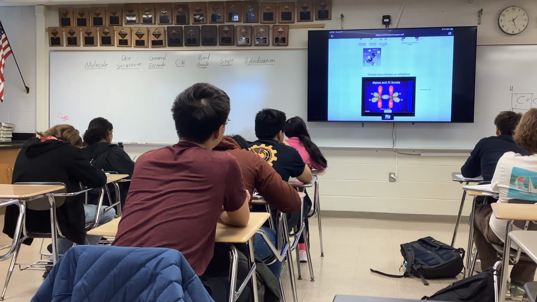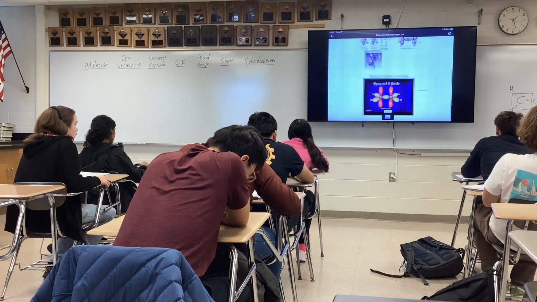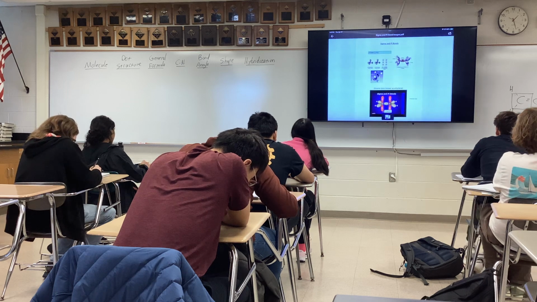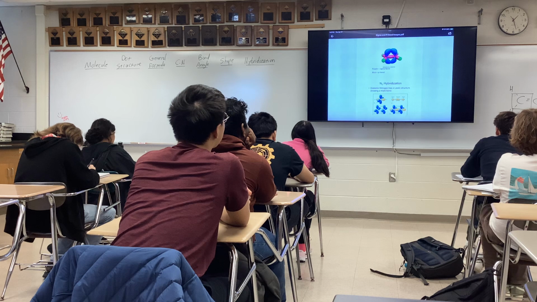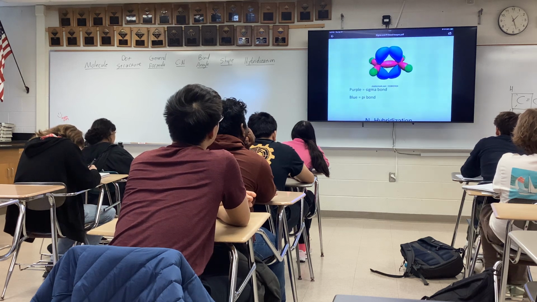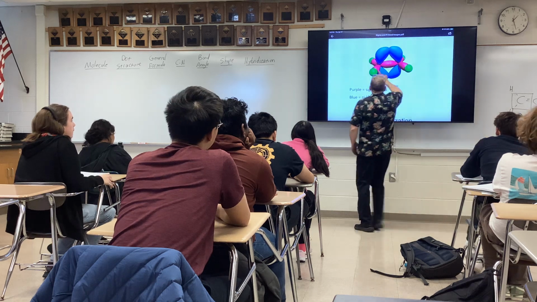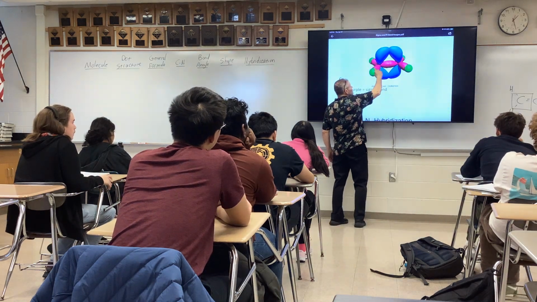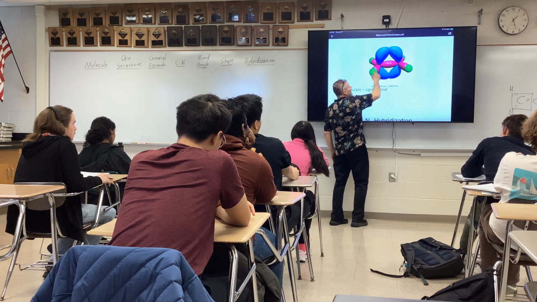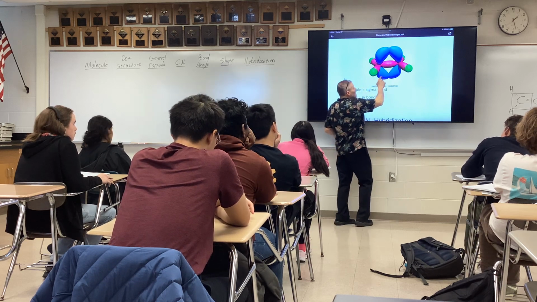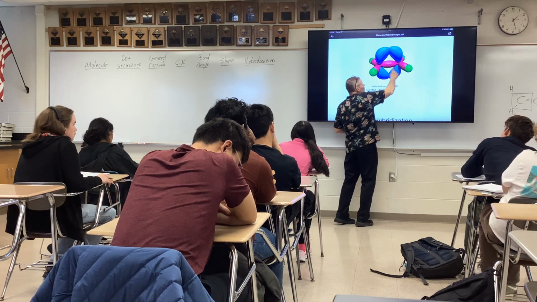Let me show you a little different picture. There's a little bit different representation of it. The purple is the hybridized orbitals. Here are the green hydrogen atoms, a sigma bond, sigma bond. Here are the unhybridized p orbitals.